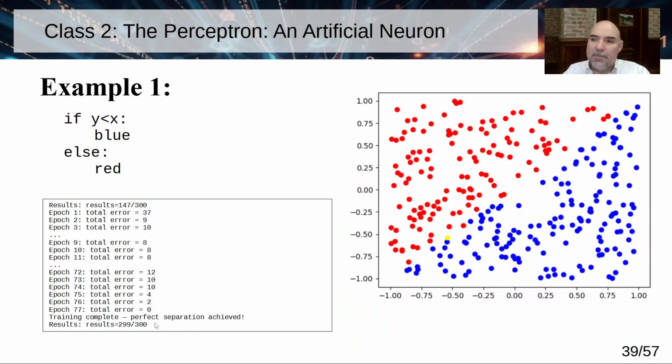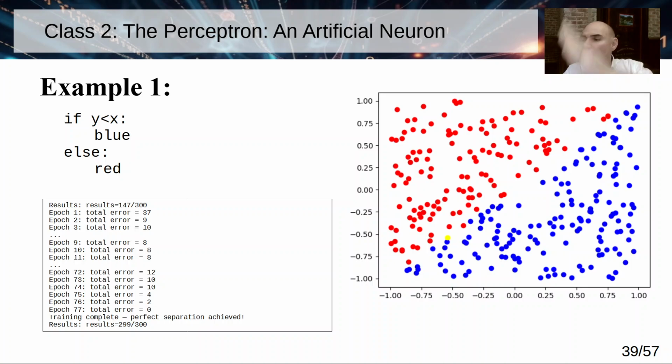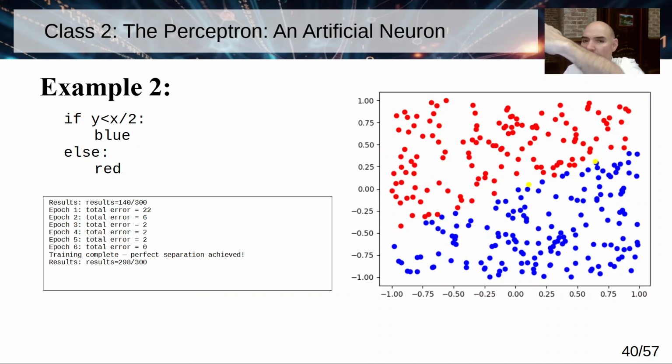Now let's change the function. Here's y is less than x divided by 2. So we changed the function. Now the line, instead of being that perfect dividing line in the middle, is different. It's kind of flat.